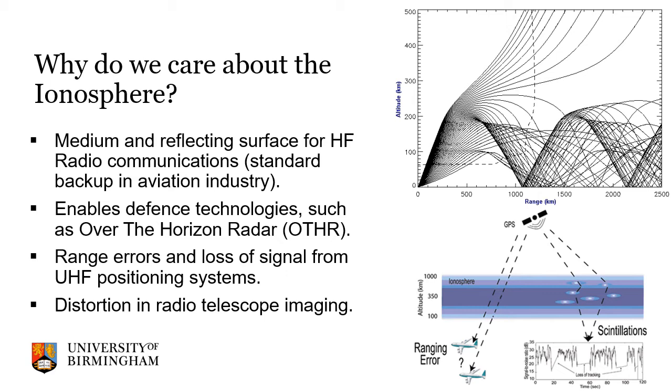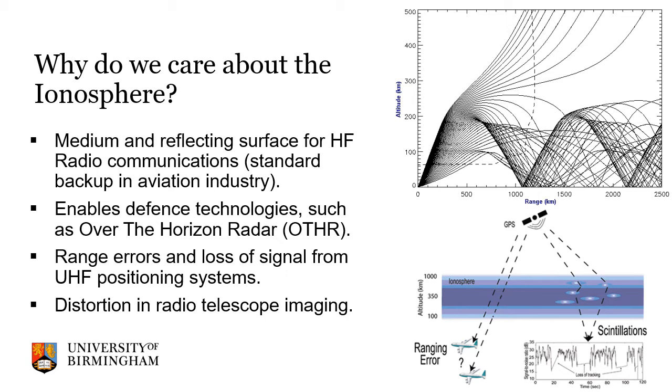If these communications are unavailable, say because of an X-ray flare that enhanced ionization in the D region and caused a complete blackout of HF communications, those flights are required to be rerouted at a significant cost to the airlines.